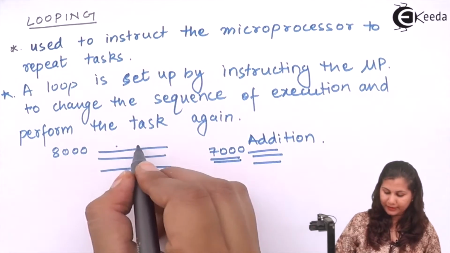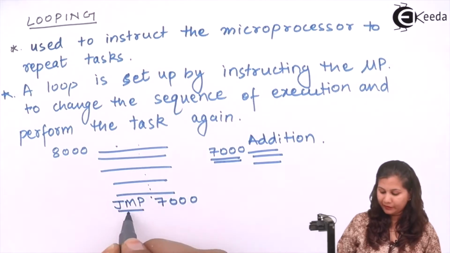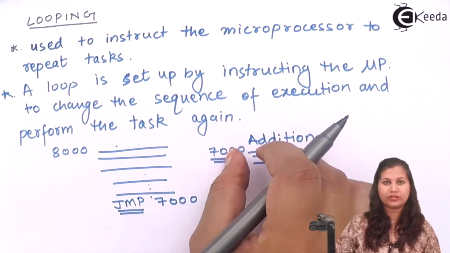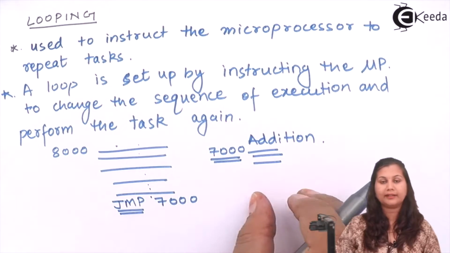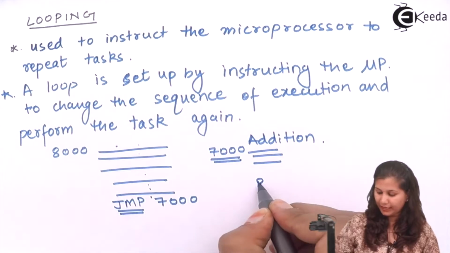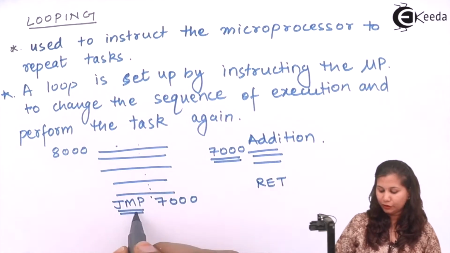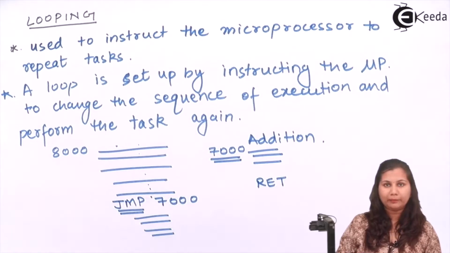When the microprocessor is executing the instructions in the main program and encounters this jump instruction, it will jump to position 7000. It will run the instructions written there, execute the addition, and here we will have the return instruction, which will return to the main program, where we have written the other instructions of the main program.